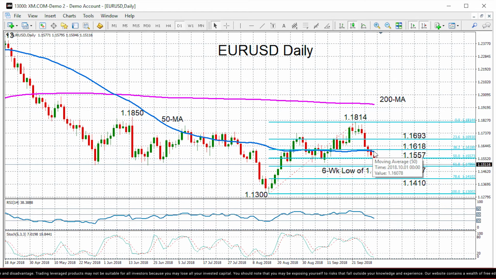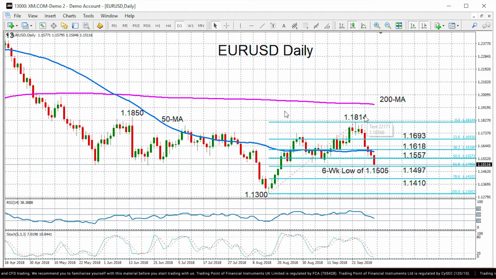So a key resistance area there, which if prices were to break above that level, we could see the upside momentum gathering some pace, and then we could see euro dollar once again being able to target that September peak of 1.1814, and then that would help shift the short-term bias to a more bullish one.